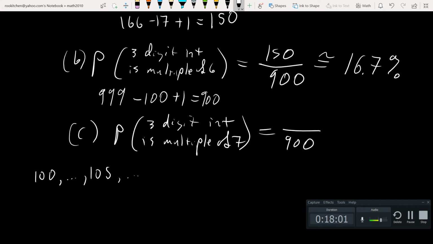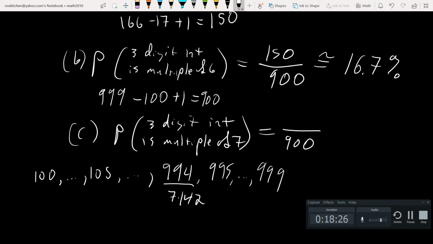And then if you divide 999 by 7, you'll get 142 point something. So 142 times 7 is the biggest one, and that's 994. Okay. So this one is 7 times 142, and this guy is 7 times 15.